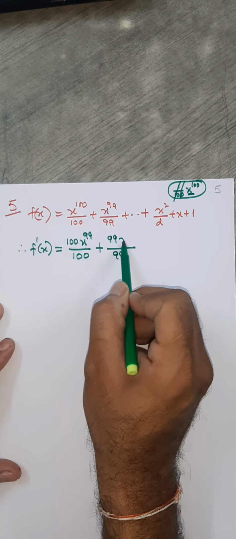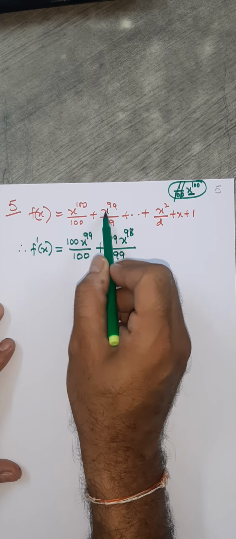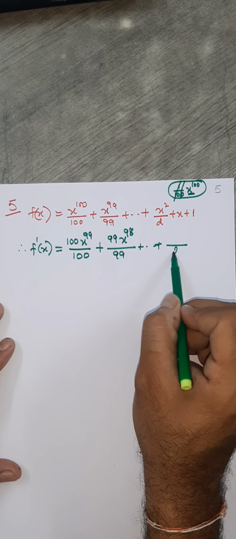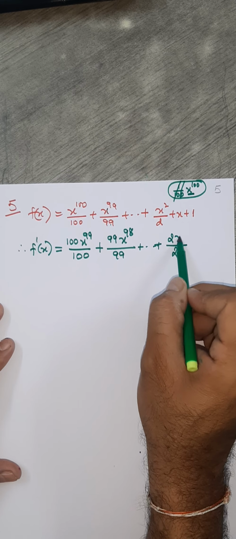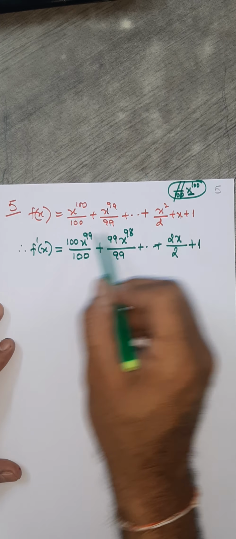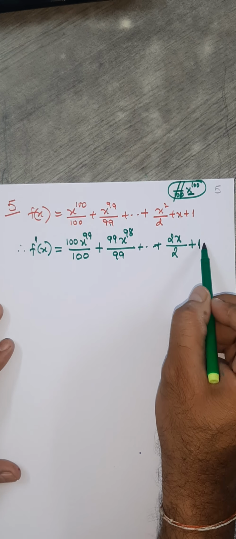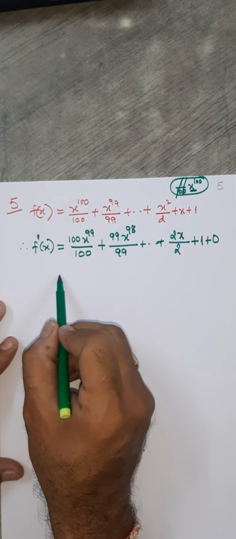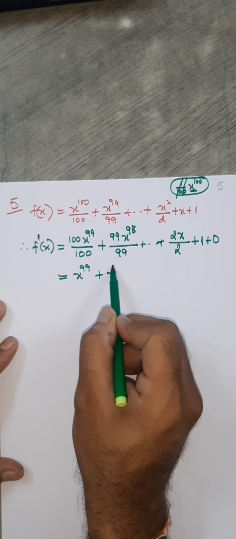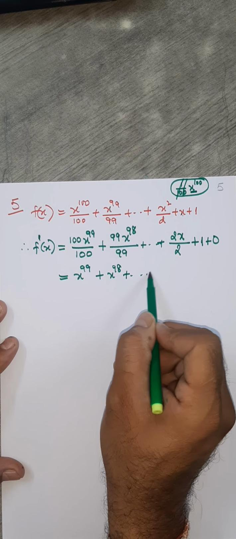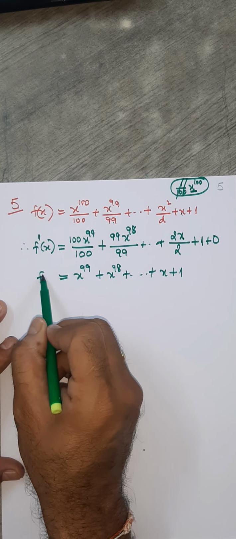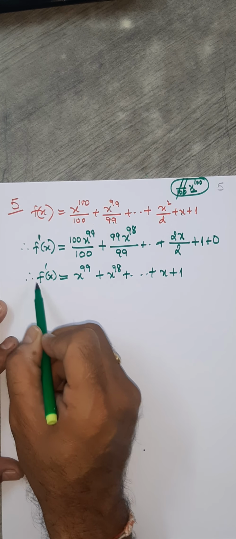Differentiation of 99 x raised to 98, one less power, upon 2 being constant as it is. What's the derivative of x squared? 2x. Derivative of x with respect to x is 1, and derivative of 1 is 0. So here finally 99 x raised to 98, and so on. Finally x and then 1. This is f dash x.